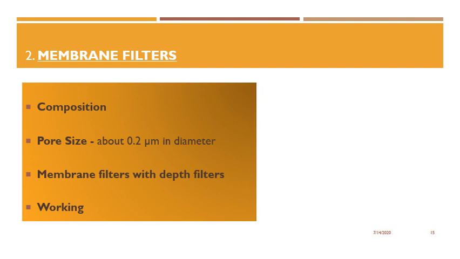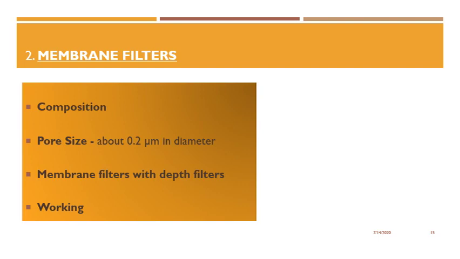Pore size: although a wide variety of pore sizes are available, membranes with pores about 0.2 micrometer in diameter are used to remove most vegetative cells but not viruses from solutions ranging in volume from 1 ml to many liters.